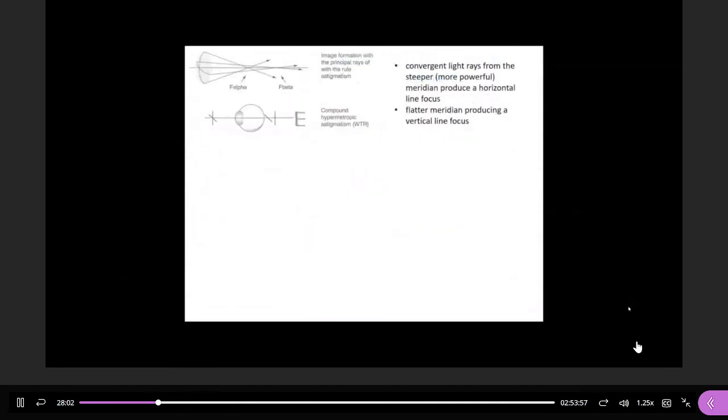All right. Then there is a different type of astigmatism. Let's see. We can convert the line from the steeper, which is the more powerful meridian, coming in a different way. For example, like this image. Think about these patients if they have astigmatism, or hyperopia, for example.